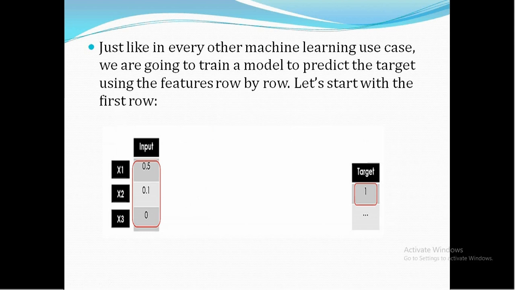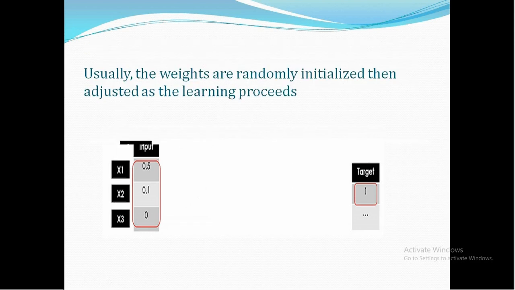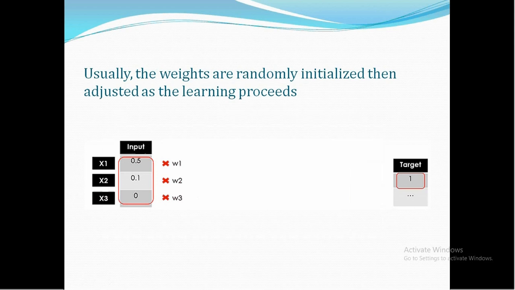Usually the weights are randomly initialized and then adjusted as the learning proceeds. Here I will just set them all to 1. So far we have done nothing different from a linear regression.